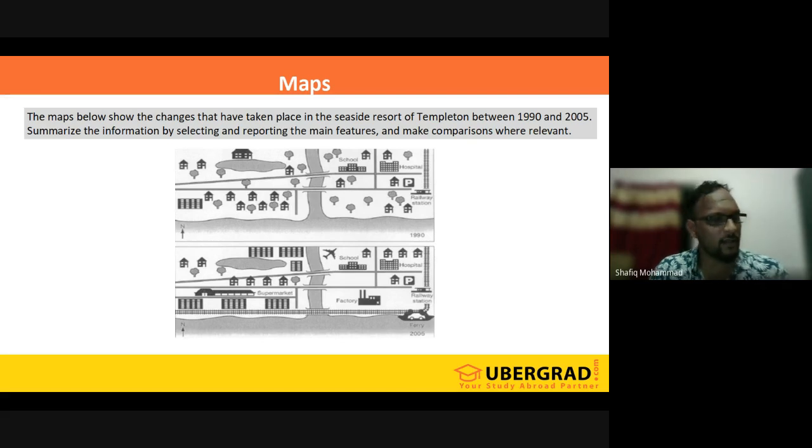Okay, yes, the modifications have taken place between 1990 and 2015 in the seaside resort. Madhu has given it. The modification has taken place in between. Okay, that's what he said, right? Okay, overall, the supermarket and the apartments are constructed on the southwest side of the map in 2005.